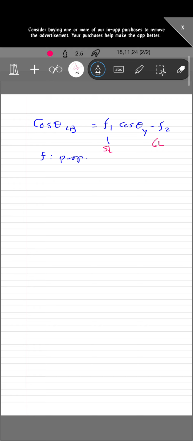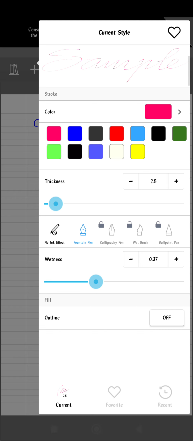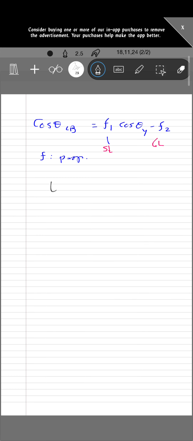So what can be derived from this relation is that the contact angle due to the Cassie-Baxter model is inversely proportional to F1.